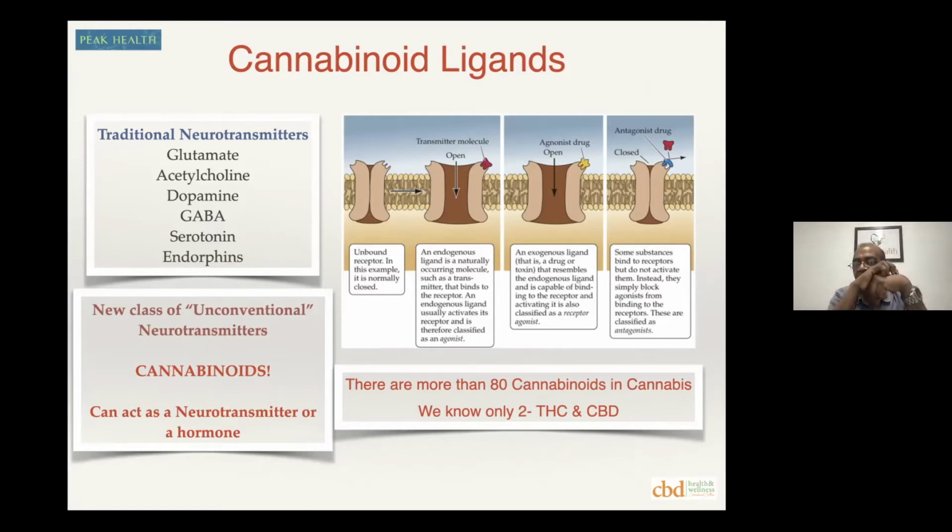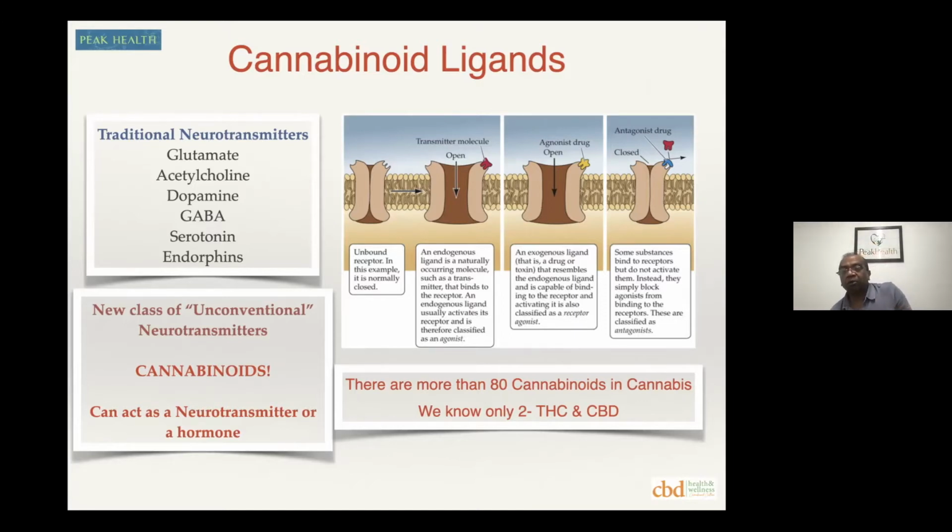These are endogenous cannabinoids that the body produces. But the cannabinoids that we consume are neurotransmitters in the sense that they act as a ligand, but they also act as a hormone. So they themselves act as a hormone.